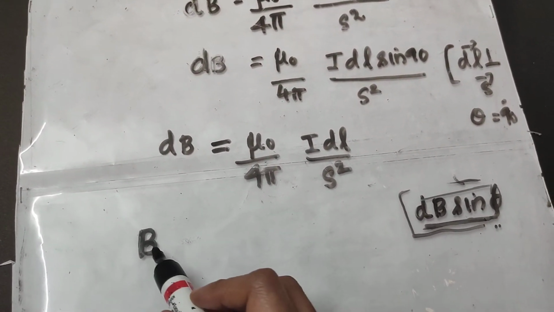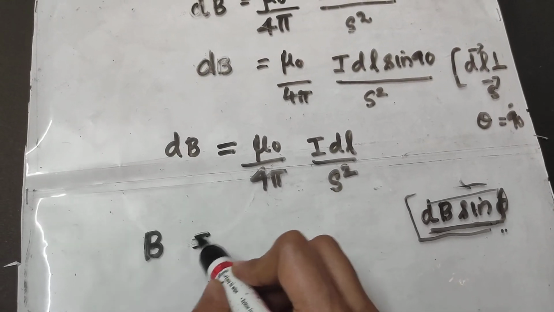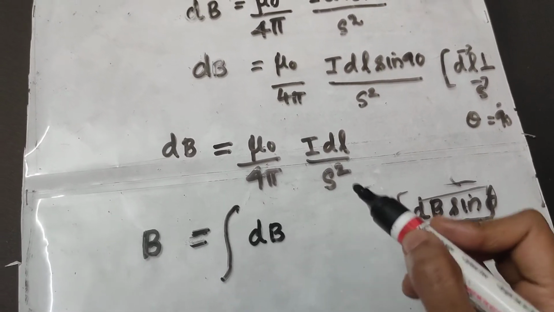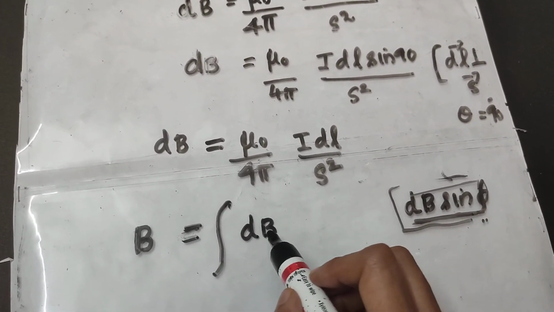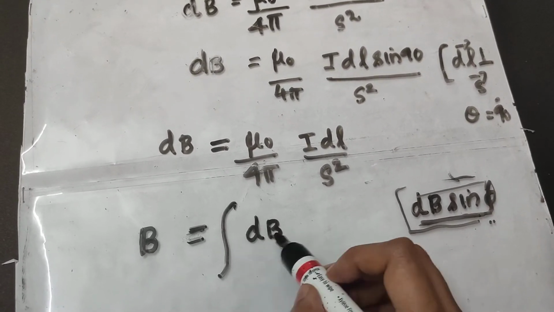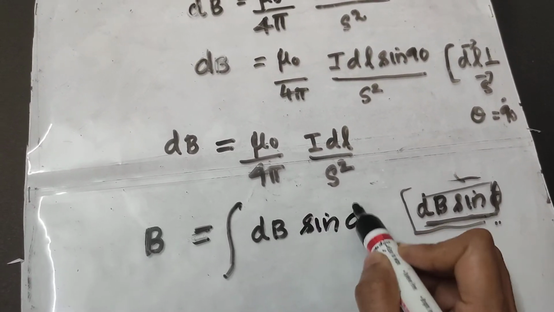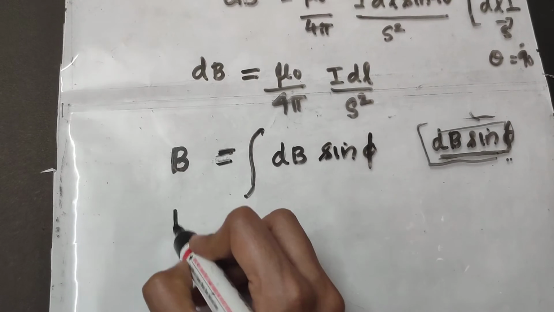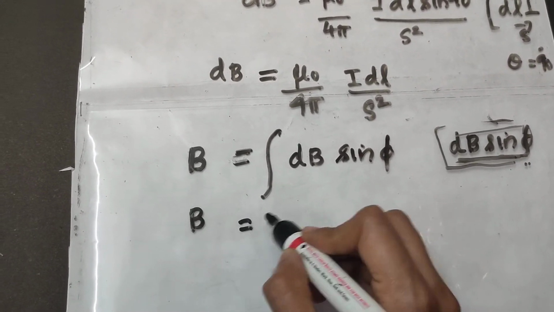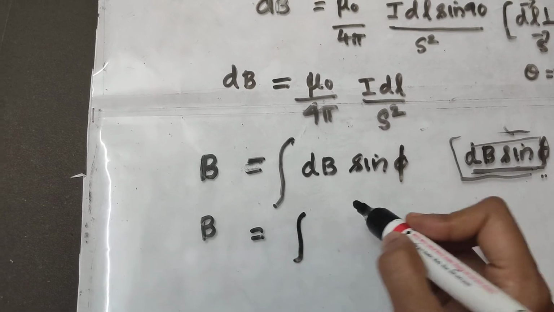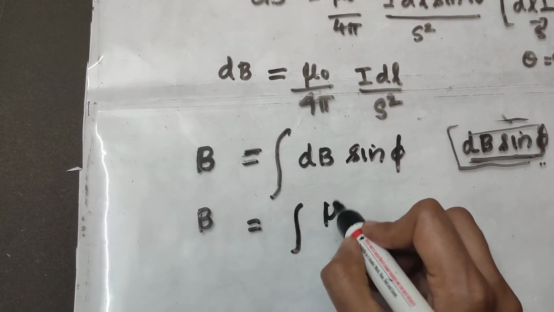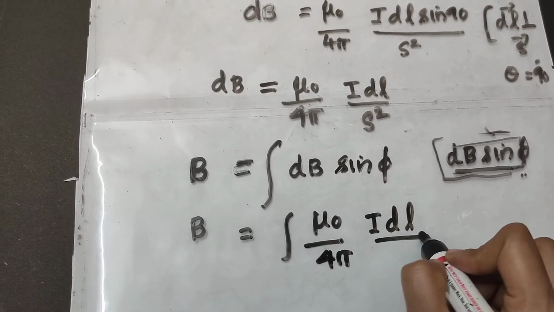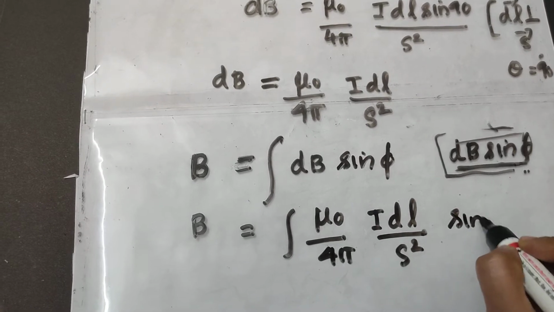So to find the total magnetic field, we integrate the small contributions. So it is the integral of dB sin φ, which is equal to B = ∫ (μ0/4π) I dl/s² · sin φ, since dB is μ0/4π · I dl/s².